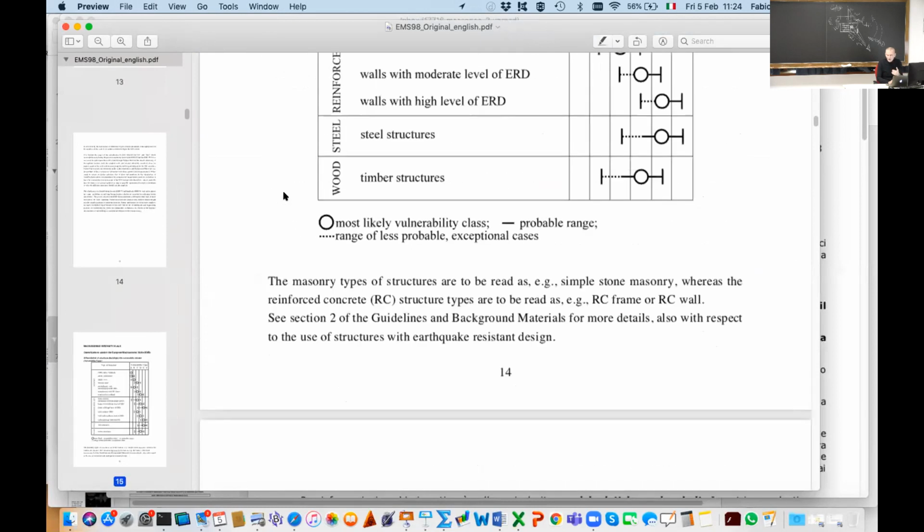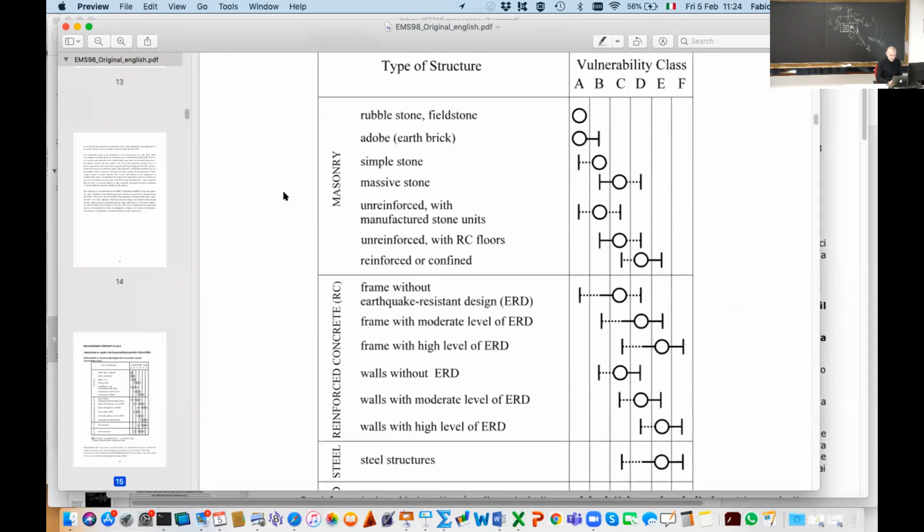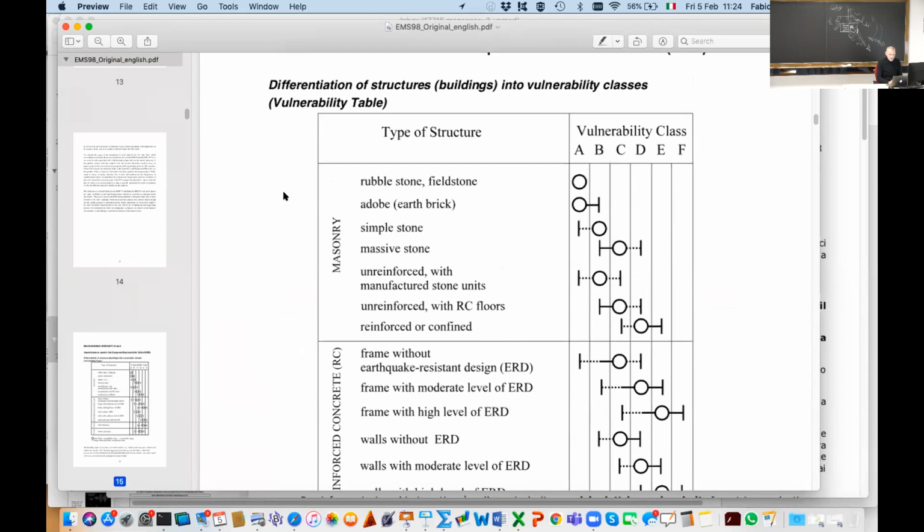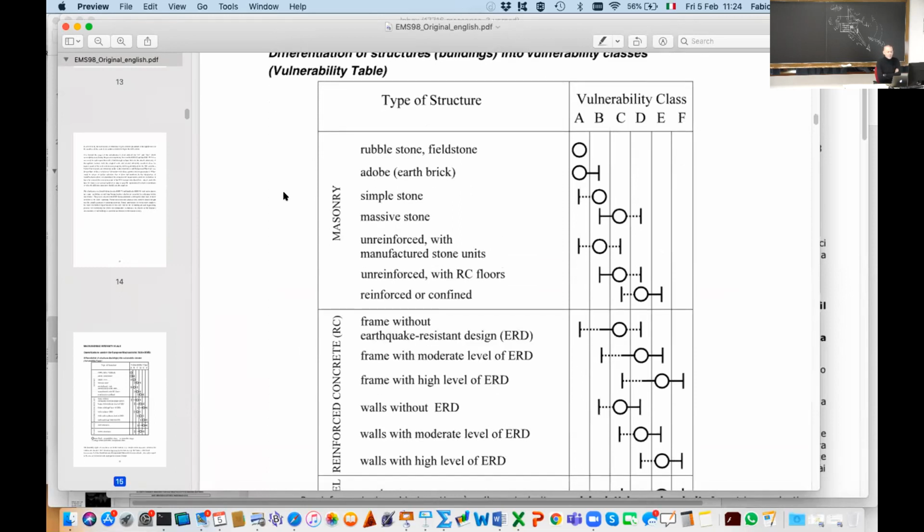As you can see, there is a huge amount of literature about this. For example, this is a typical description of vulnerability. Because in modern scales, you cannot say, okay, a building has totally collapsed, let's put 10. Well, no, you have to say if that building was a masonry building or reinforced concrete, because buildings can be divided into what are called vulnerability classes.